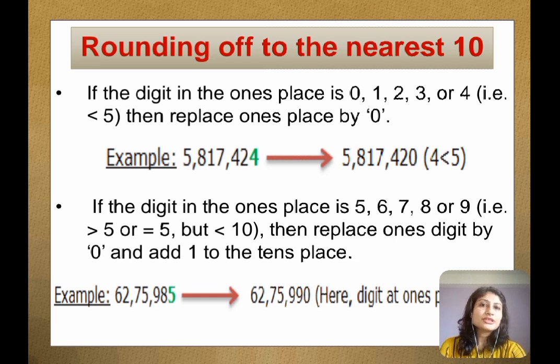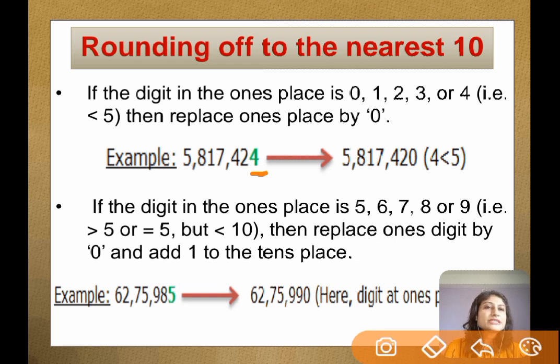So here as you can see, unit place digit is 4, which is less than 5, right? So it is replaced with 0 and you have to keep rest of the digits as it is. So this is the rounding of the number to the nearest 10.